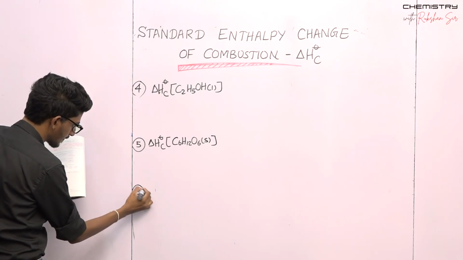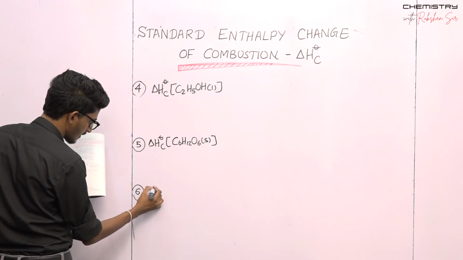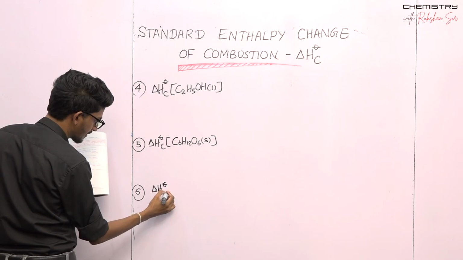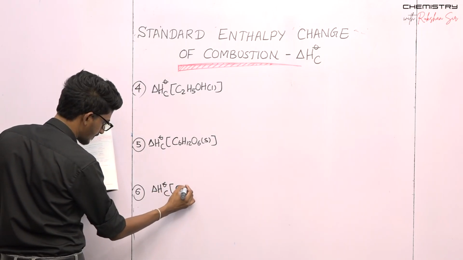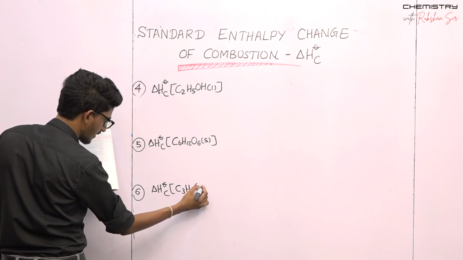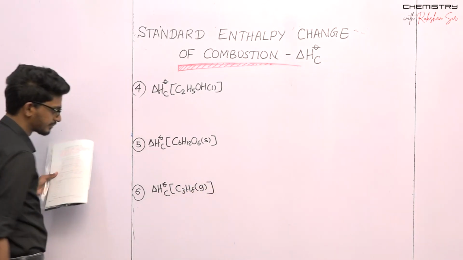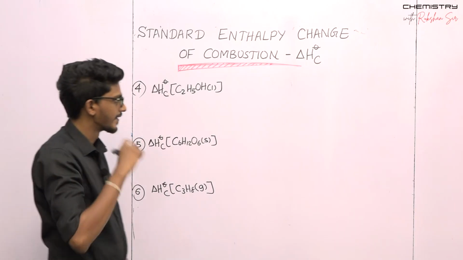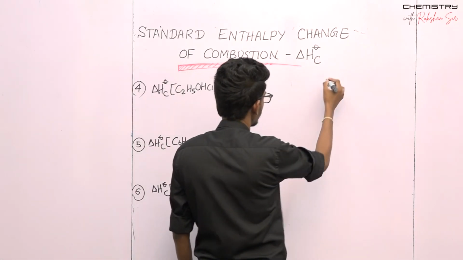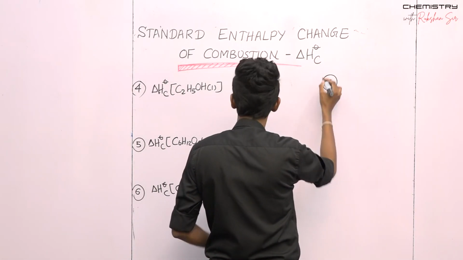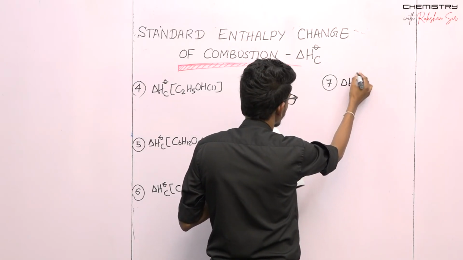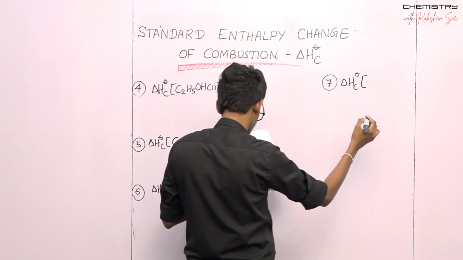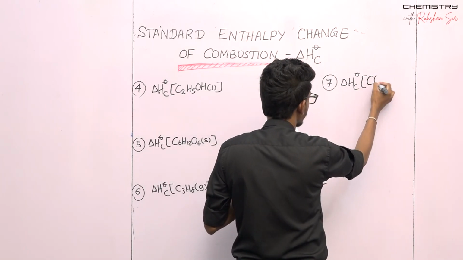Number 6, that is for the standard enthalpy change of combustion of C3H8 gas. Right. Other stuff. Number 7, that is delta H naught C of CO gas.